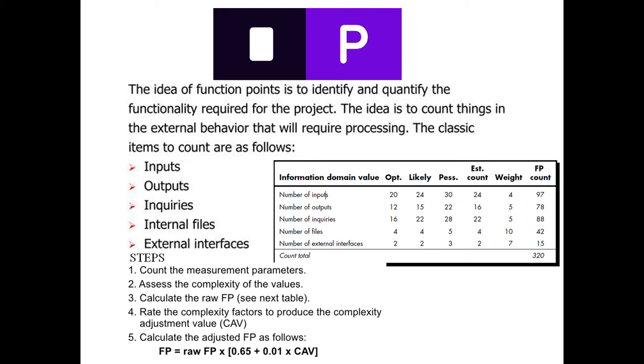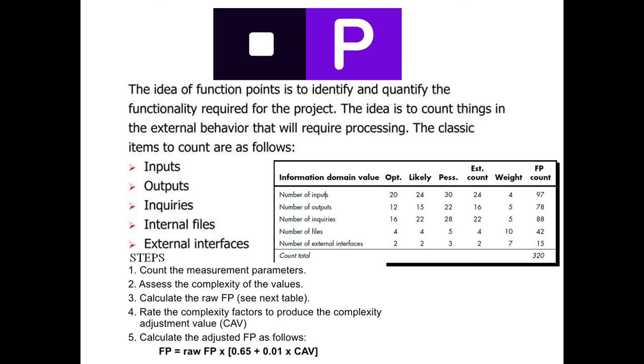The steps of the FP model are: first it measures the parameters such as input, output, inquiries, files, and external interfaces. Then it assesses the complexity of the values for each of the information, and then calculates the raw FP. Here we are calculating the FP count for the corresponding information.